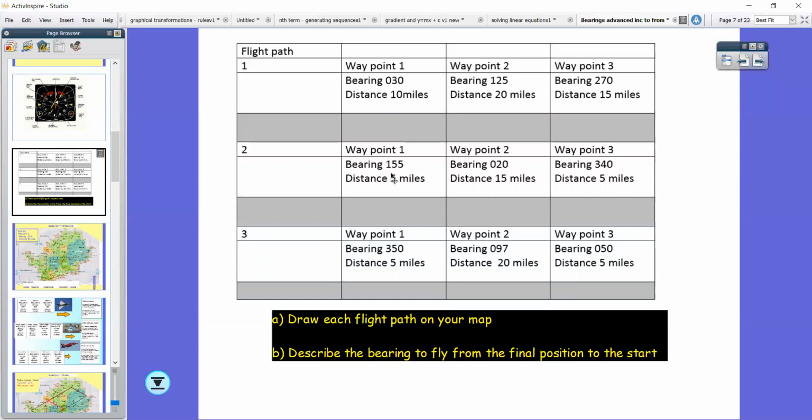You'll notice as well that each one I'm putting as a 3-digit bearing. This is one of the things that is very important to emphasise. We also discuss why 3-digit bearing. If the pilot's expecting a 3-digit bearing, they're expecting 3 numbers, so there will not be a complication.